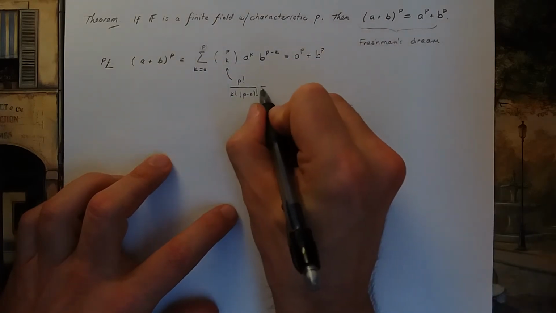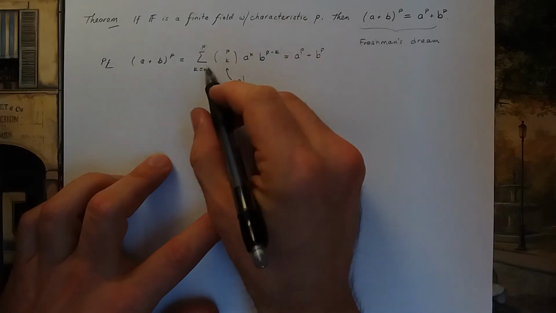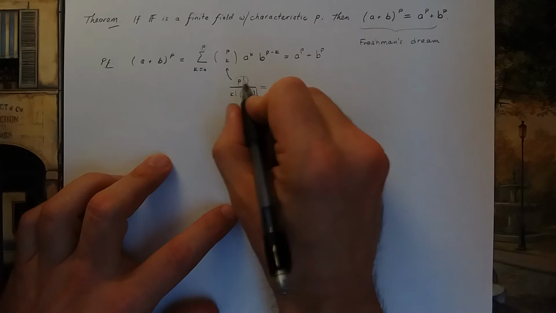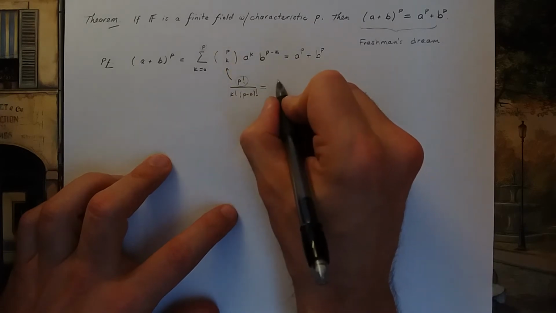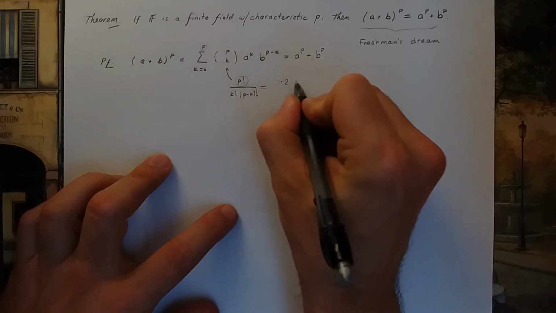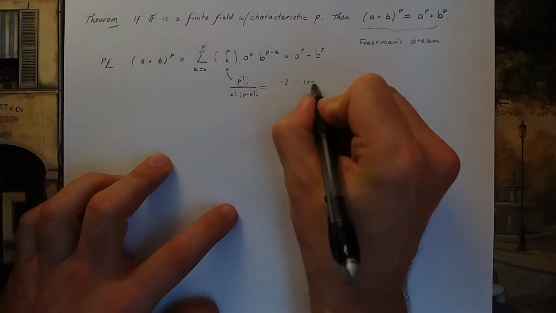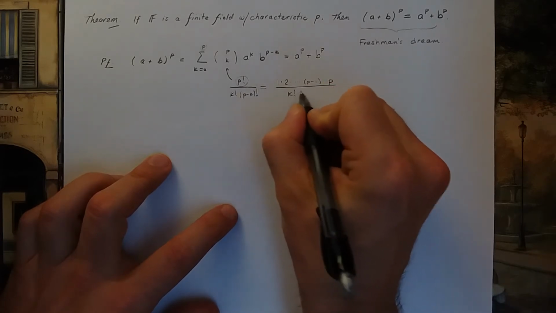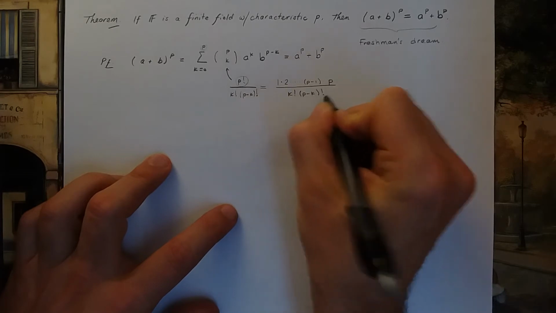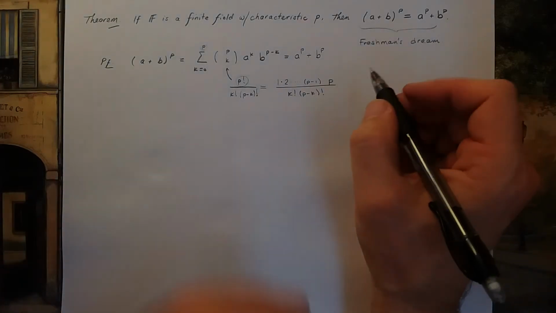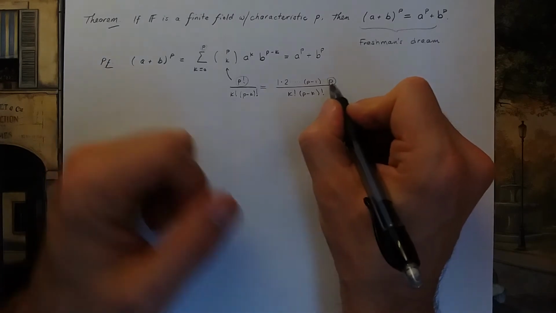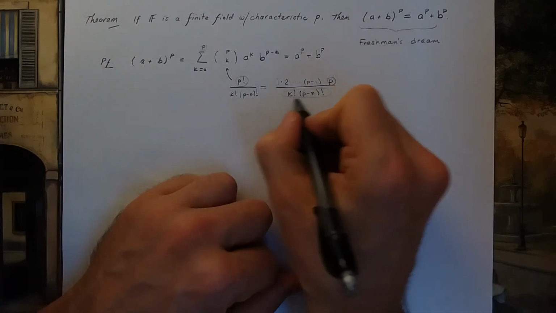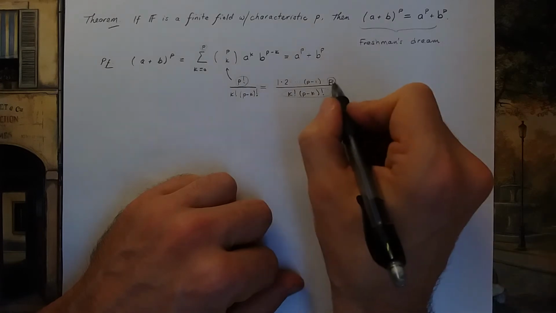If k is any other number besides p or 0, then if you look at the numerator of this binomial coefficient, I have 1 times 2 all the way up to p minus 1 times p. And in the bottom, I still have k factorial times (p-k) factorial. There is a p in the numerator, and every number multiplied in the denominator is less than p.